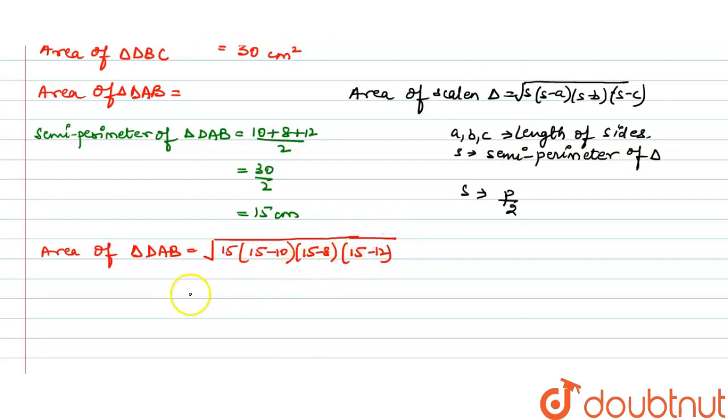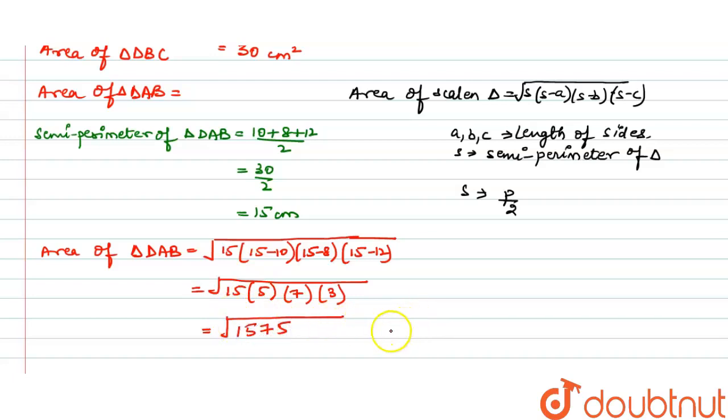So basically these are the three sides. Now what I am going to do is, we will open the bracket. So this will become 15 into 15 minus 10 is 5, 15 minus 8 is 7 and 15 minus 12 is 3. So when we solve this whole thing, I will just multiply, so 1575.